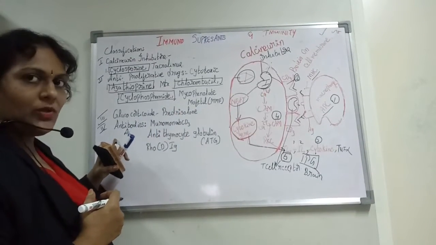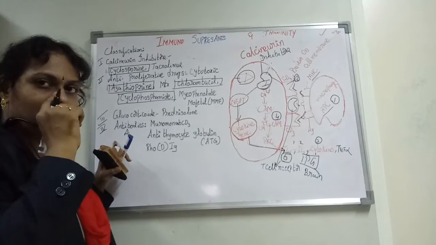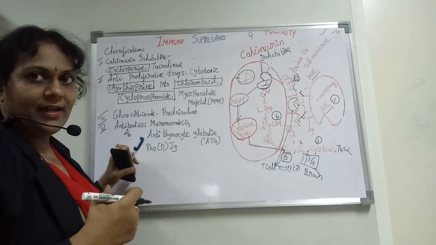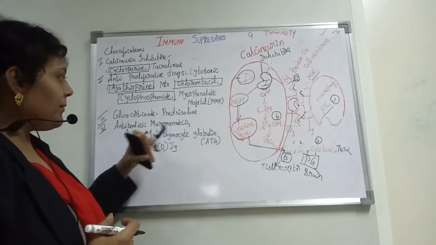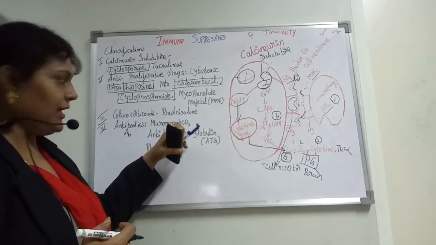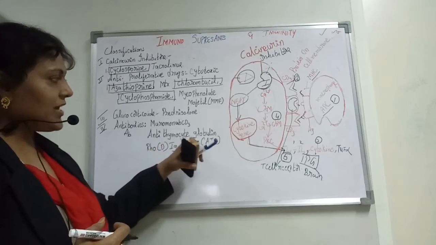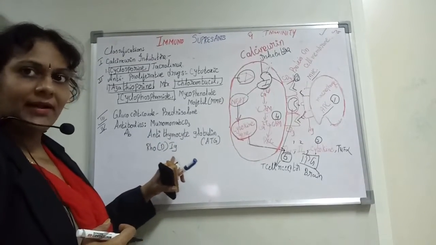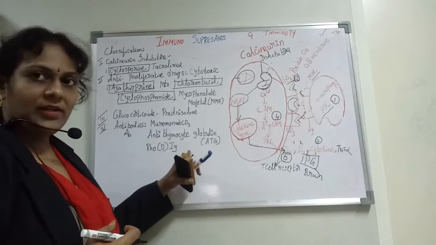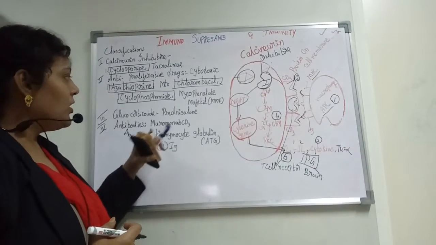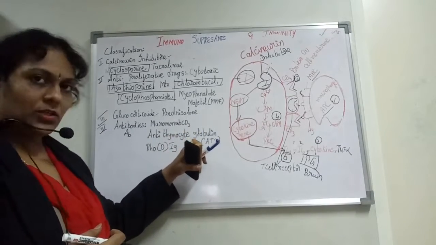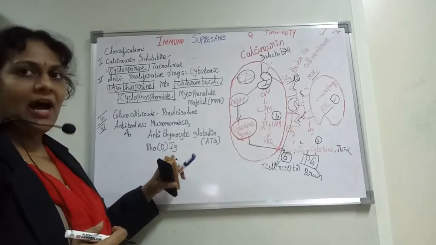We know that antibodies are immune particles synthesized for fighting against antigens. And there may be muromonab-CD3, anti-thymocyte globulin, Rho-D immunoglobulin, nothing but IG. Immunoglobulin is represented as IG here. So muromonab-CD3, anti-thymocyte globulin and Rho-D IG.